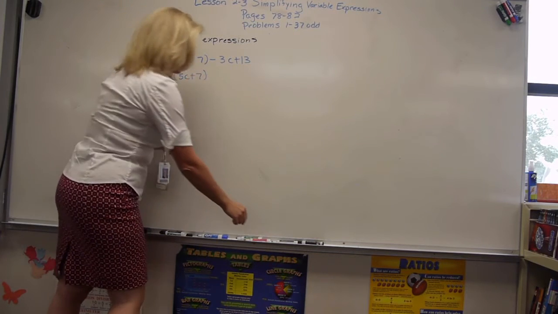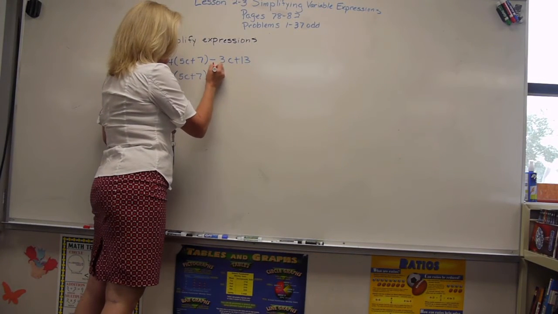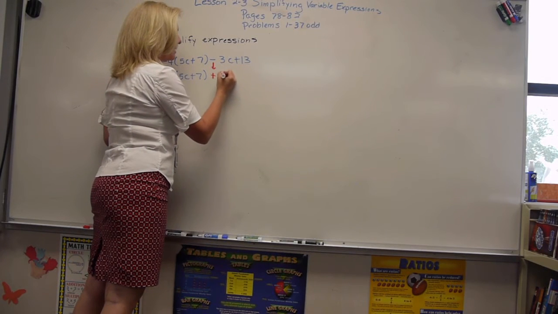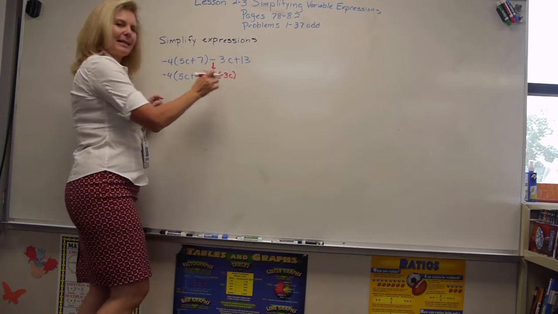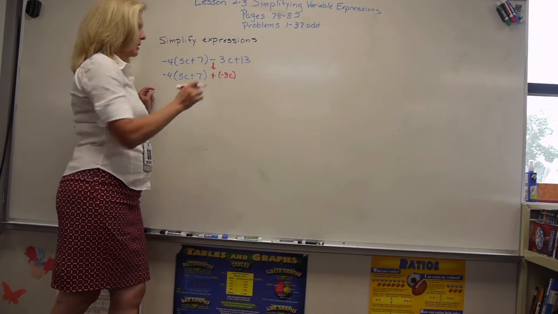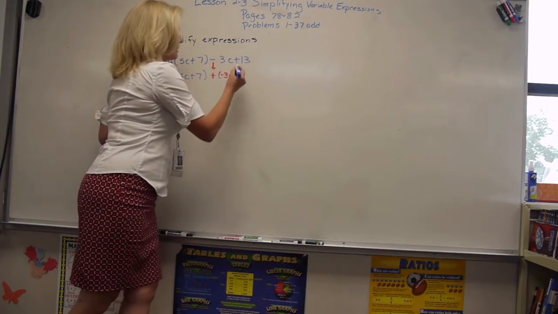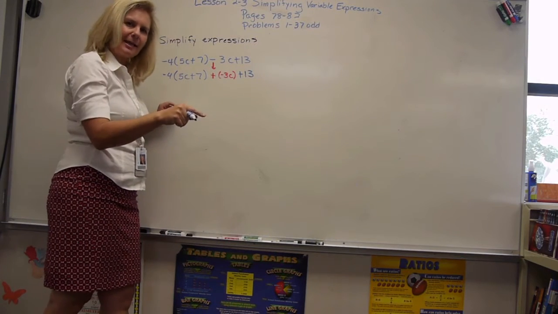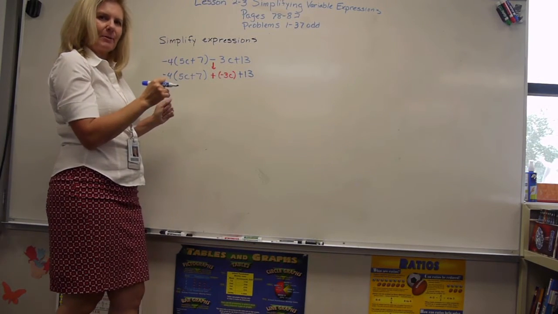But I see a subtraction. So I'm going to change that subtraction to plus, and whatever follows it, I have to make the opposite. Now I can see that's a negative 3c. But I see addition right there, so I'm going to leave that as addition. So I'm going to apply that hint I told you so I can see what's happening.